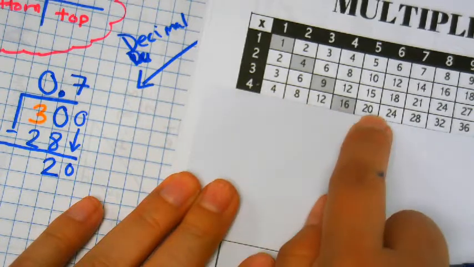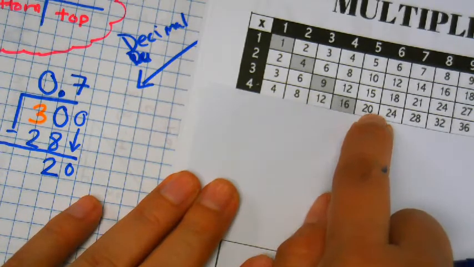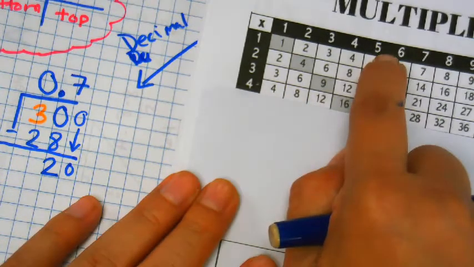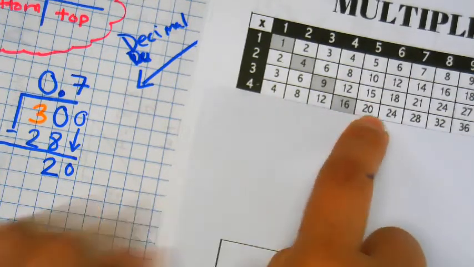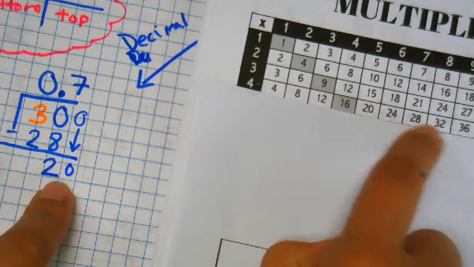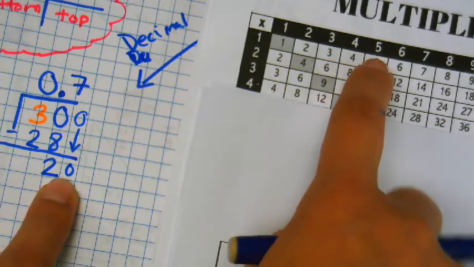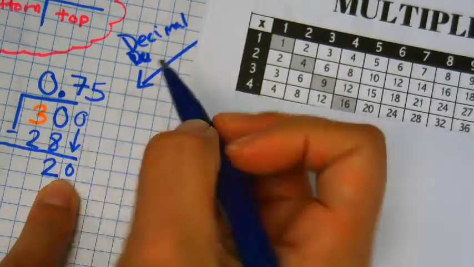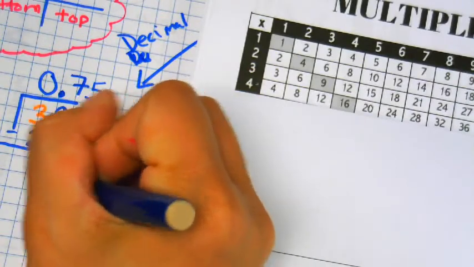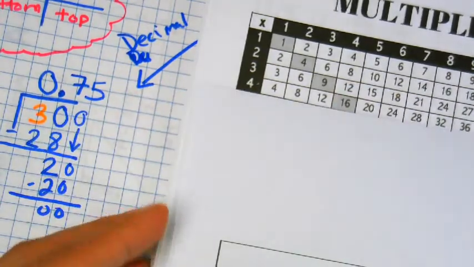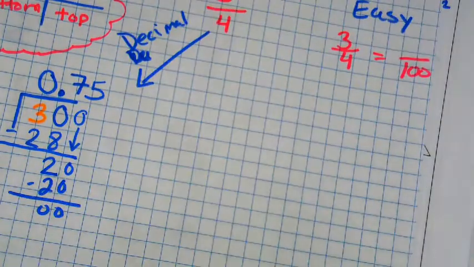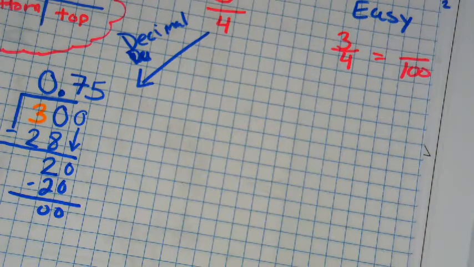Oh, it's right there. Then I go up. What's the number I'm going to use? 5. These bottom numbers are the numbers you're looking for, and these numbers are the ones you put on top. 5 times 4 is 20, remainder 0. Yay, we're done. So what's our decimal?